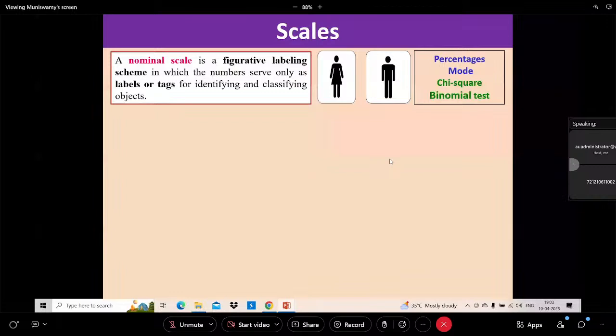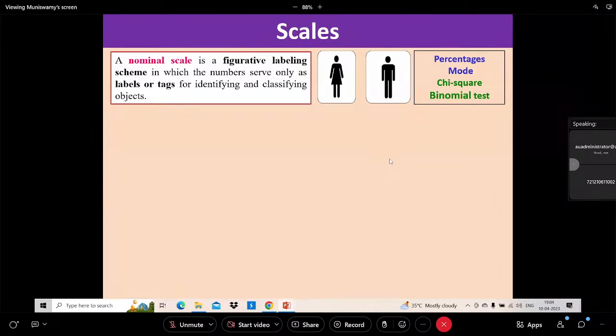But what is the mode? Which is highest? The mode is female, because the female category is highest. Our statistics is of two kinds, descriptive and inferential statistics.